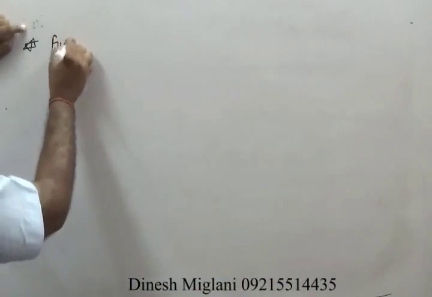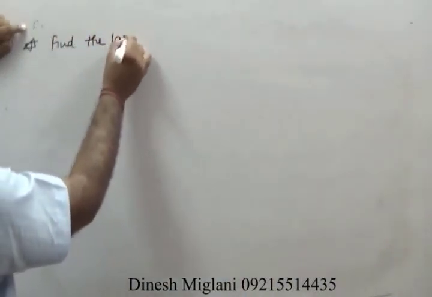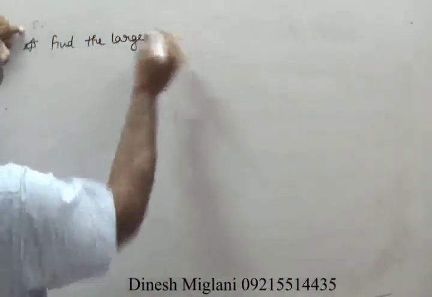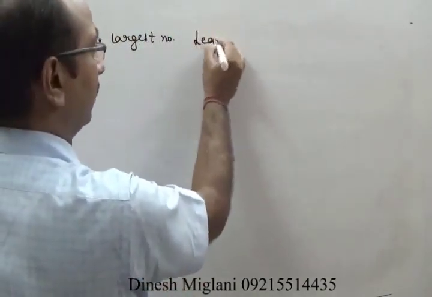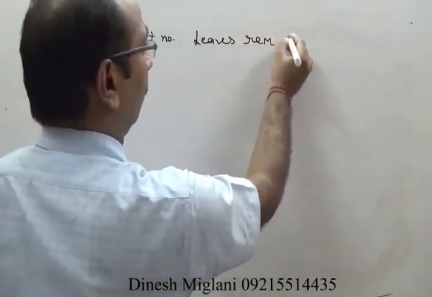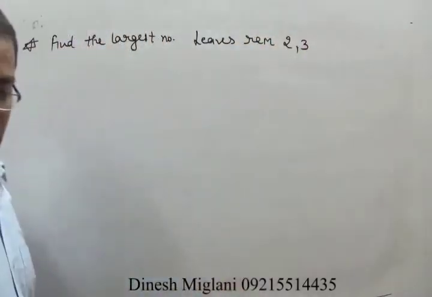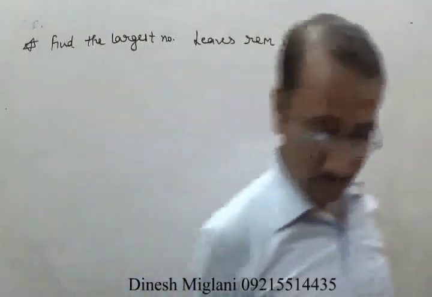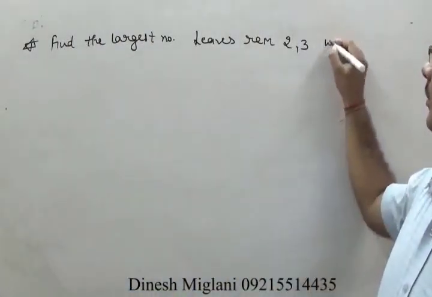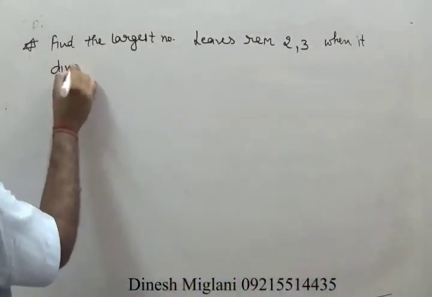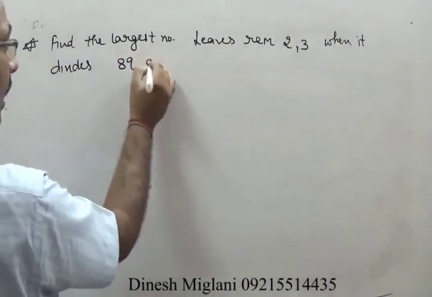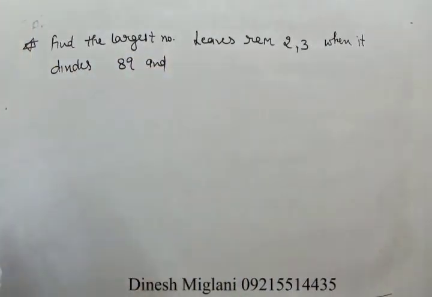The next statement is, find the largest number which leaves remainders 2 and 3 when it divides 89 and 148 respectively.